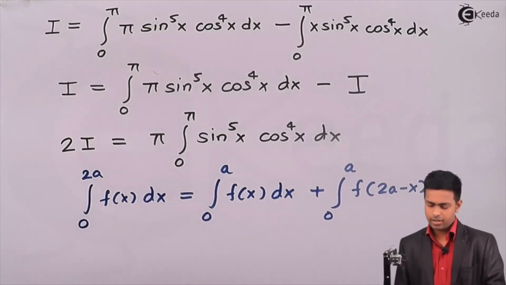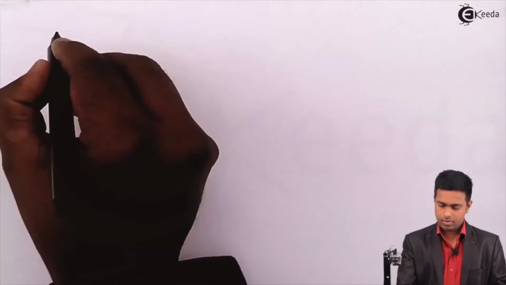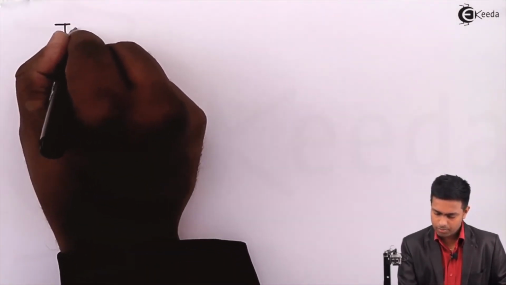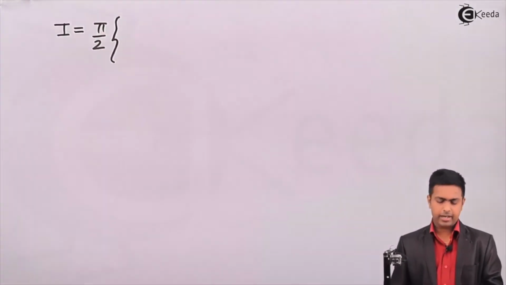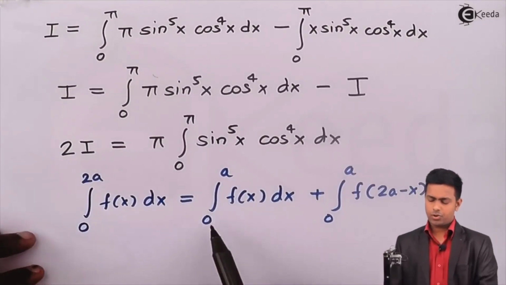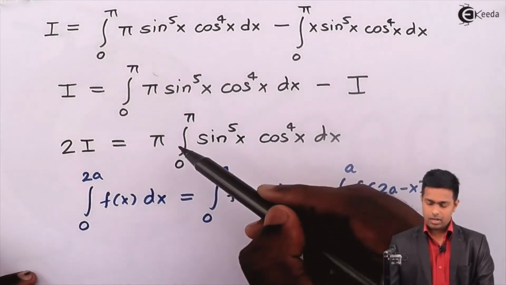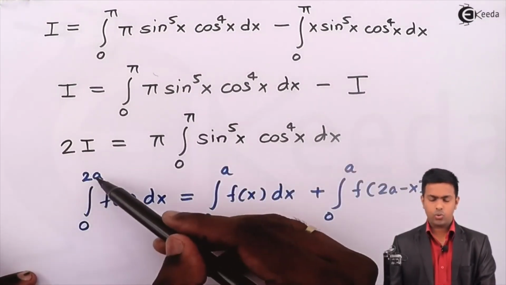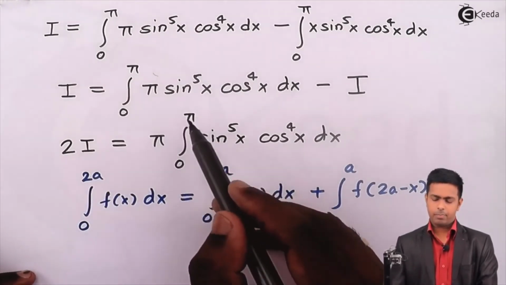So I'll say here I equal to pi by 2 inside the bracket. The first integration is from 0 to a. Now here our 0 to pi is 0 to 2a, which means the value of pi is 2a, so the value of a will be pi by 2.